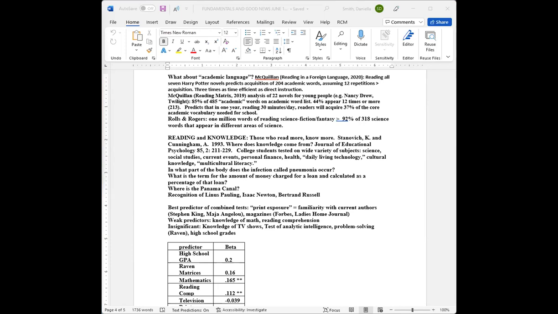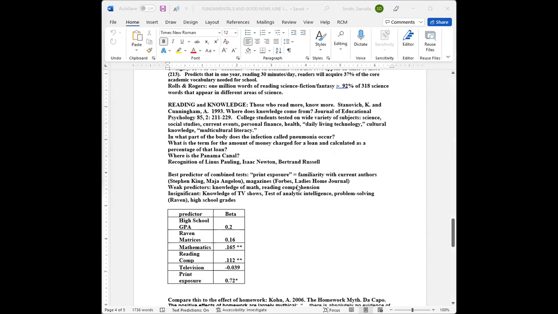One that I take personally, Rolls and Rogers, Jeff McQuillan pointed this one out to me. 1 million words of reading science fiction, about a year's worth of reading, gives you nearly all of the scientific vocabulary you need for all of science. I've wondered about that because I don't read a lot of stuff from scientific journals.